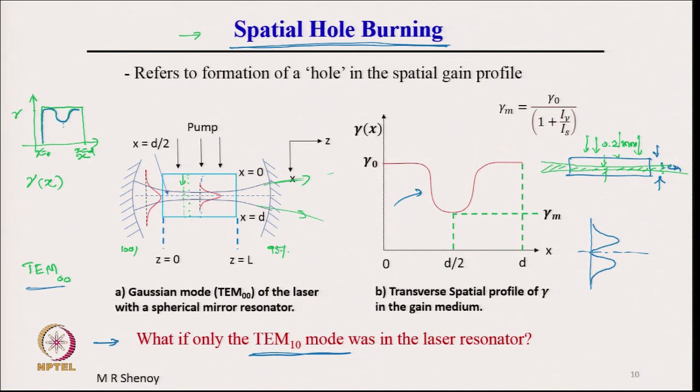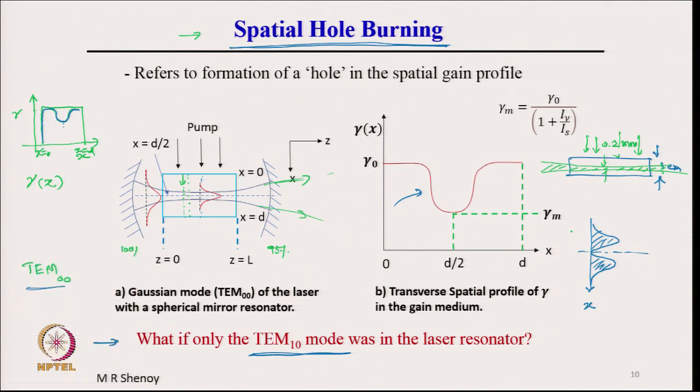There will be one zero when I travel along the x direction. That is why 1 here stands for the number of zeros, and there is no zero in the y direction. So, if this is the intensity profile in the same medium, let me show the medium also here.